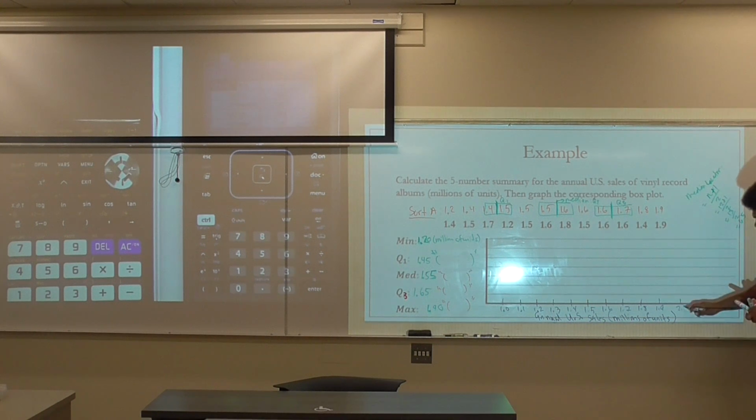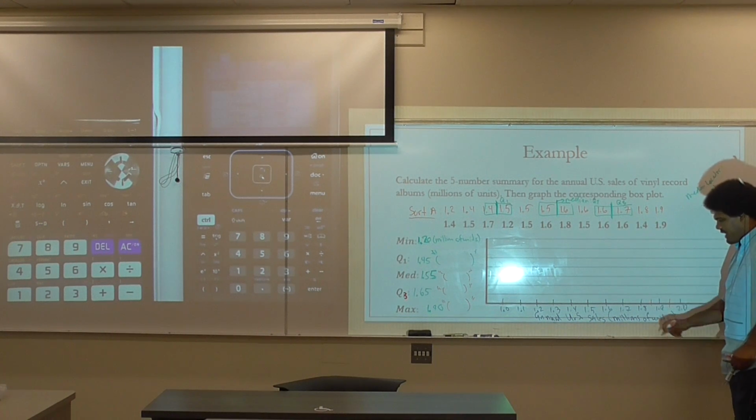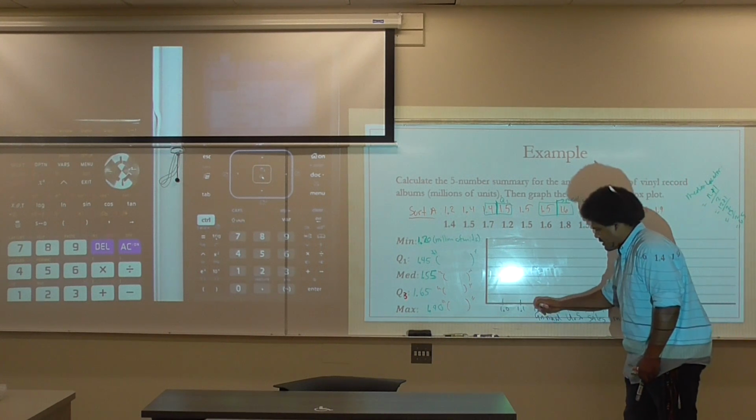And we clearly know that if I go mid-distance, that's going to be the 0.05s. So I don't really need to note them, but I know that they're midway. You should know.